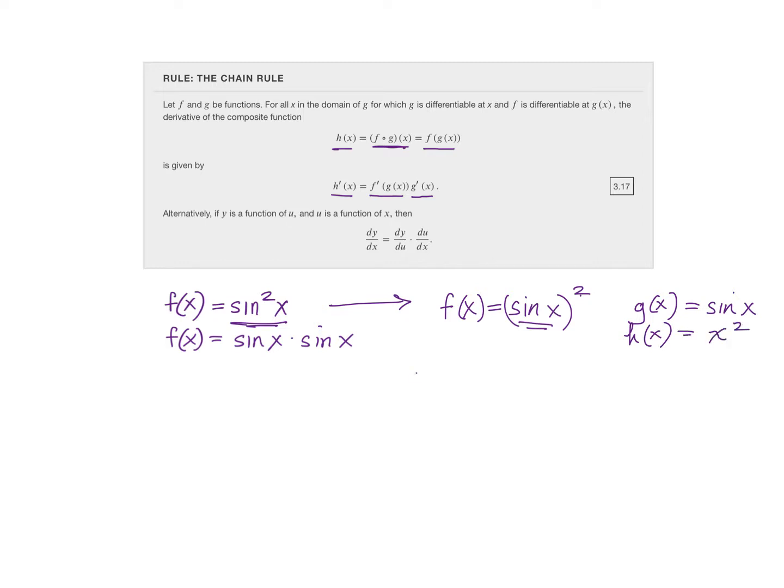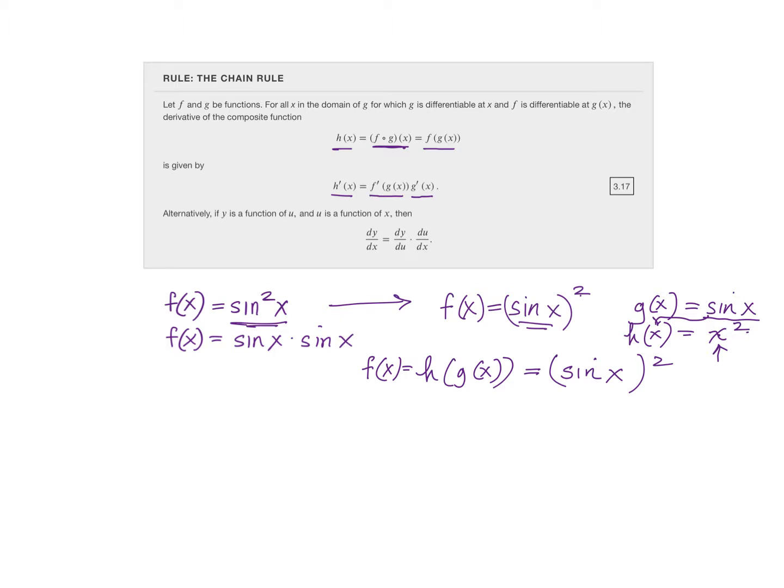So if I wrote h of g of x, so if my f of x is equal to h of g of x, that means take g of x, which is sine of x, and plug it into wherever there's an x into h of x. So then that is equal to sine of x quantity squared, right? We're plugging sine of x in for x here, so it's going into this x value, and we're squaring it.